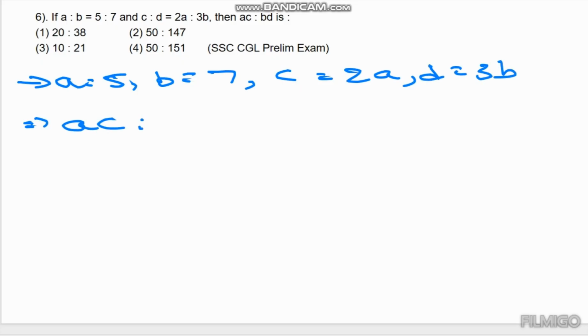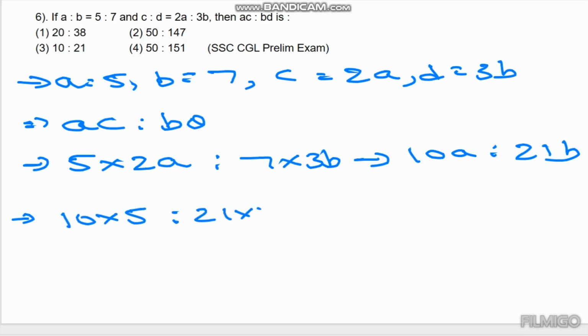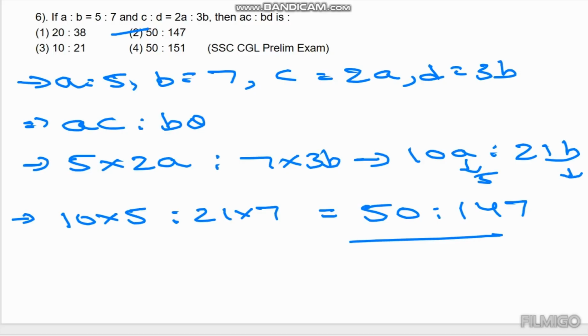So AC is to BD can be written as 5 into 2A is to 7 into 3B. 10A is to 21B, which can be written as 10 into 5 is to 21 into 7. 50 is to 147. So option 2 is correct answer, because the value of A is 5, value of B is 7.